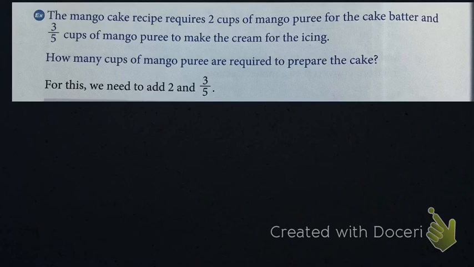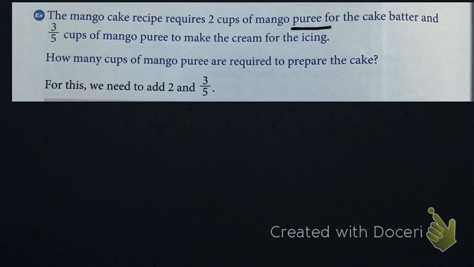On the next page, students, you have to solve this question. This question says the mango cake recipe requires 2 cups of mango puree. What is puree? Puree is paste.